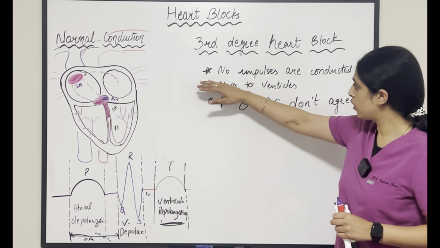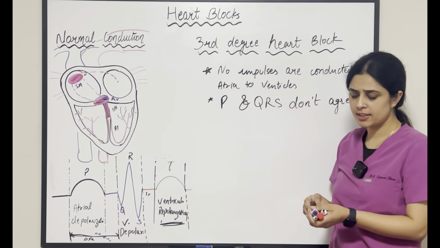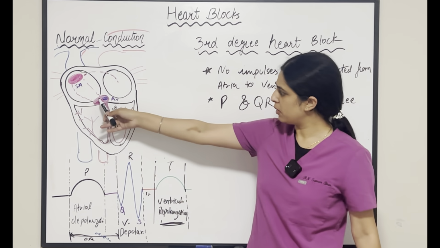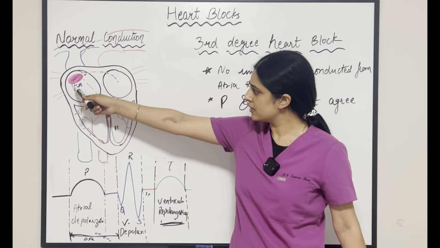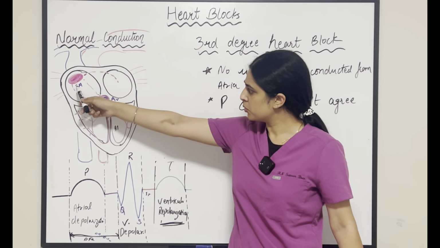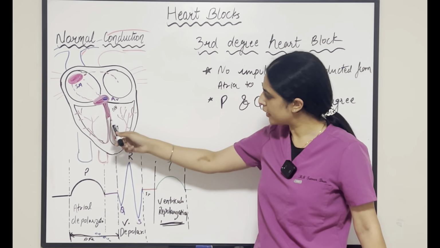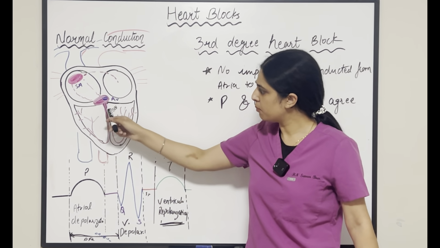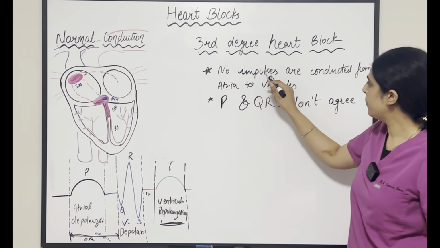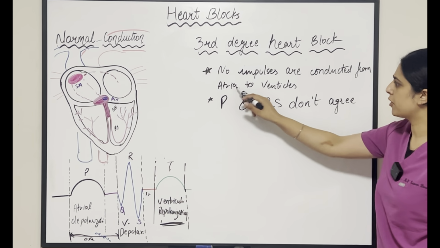So in third degree heart block, there is a complete block at the AV node. Impulses start from the SA node but do not carry to the ventricle because there is a block at the AV node. So no impulses are conducted from atria to ventricle.